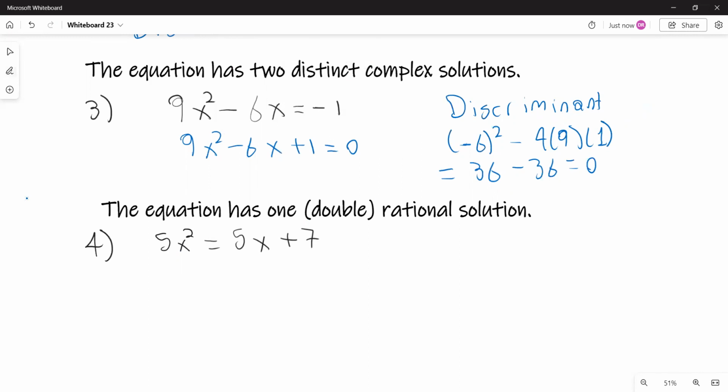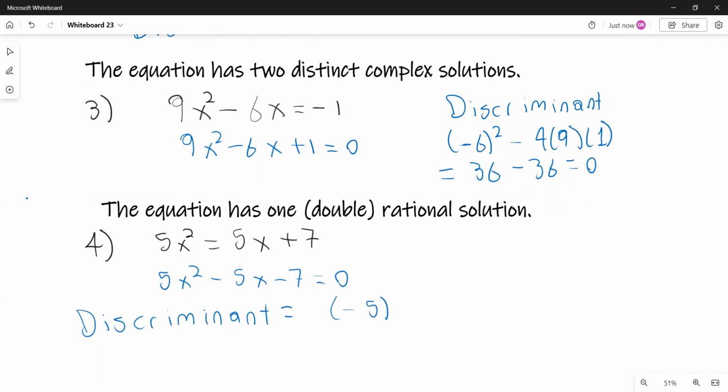So let's write it in standard form. The discriminant is negative 5 squared minus 4 times 5 times negative 7.